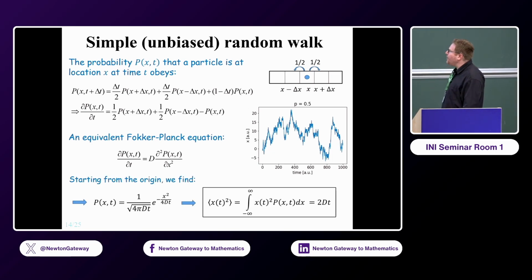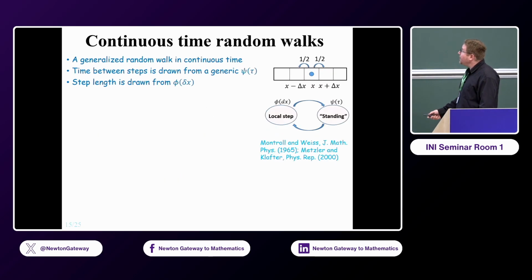It's a Fokker-Planck equation with no drift, and you get this Gaussian distribution. So the probability distribution to be at position x and time t is just a Gaussian with a maximum at 0, and its width grows in time as square root of t. So if you calculate the mean square displacement, it's just linear in time. So this is regular diffusion, and this is a typical trajectory.